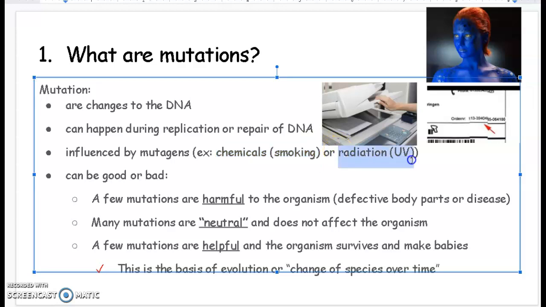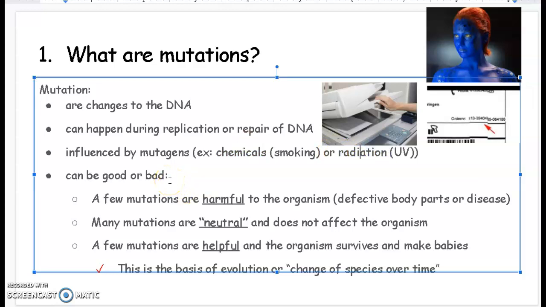We also learned about how UV radiation can damage DNA. It breaks the bonds inside the DNA, leading to kinks and unwinding of the DNA. So mutagens are factors that can affect the stability of the DNA. So some examples are chemicals and radiation.